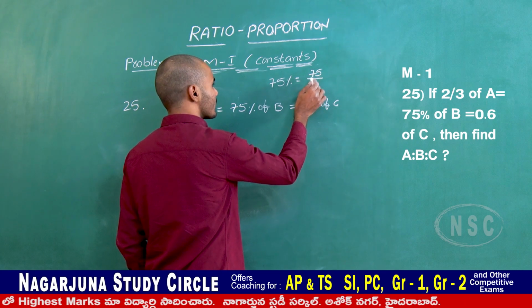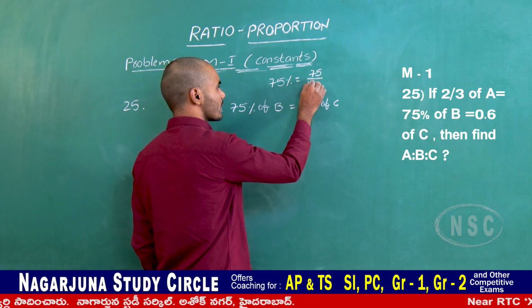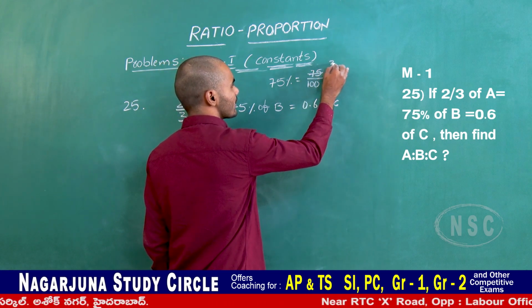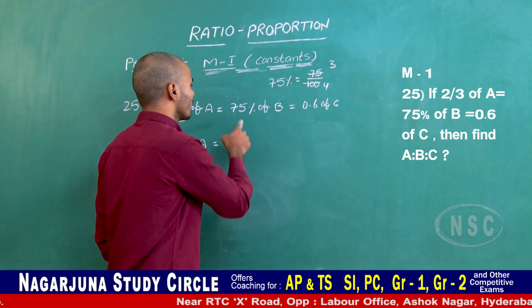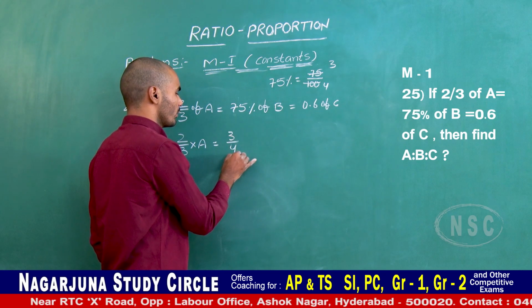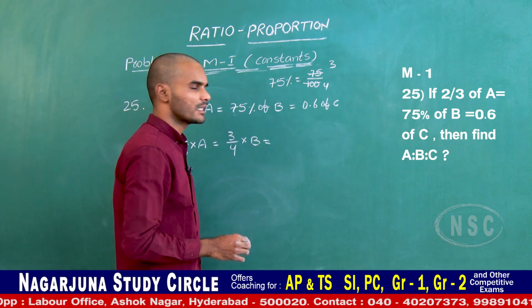Percentage means per hundred. So percentage is replaced by per hundred. 25 3s are 75, 25 4s are 100. It gives 75% is equal to 3 by 4, of B, meaning multiplication, B is equal to 0.6 of C.